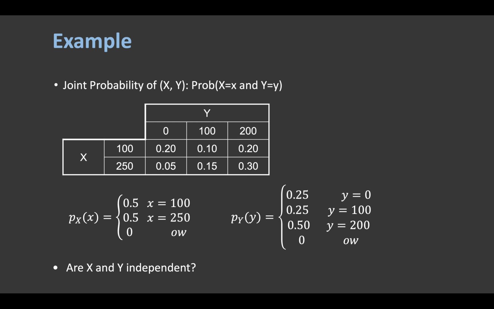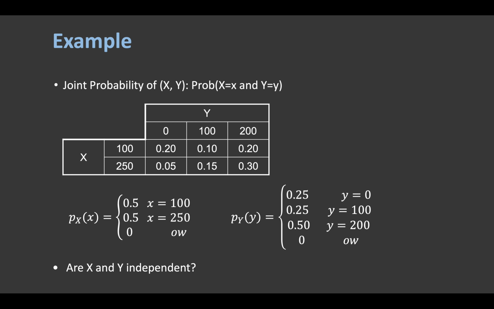So let's look at this example. Actually, we're going to use the example we used before, with the car, auto insurance, and home insurance, right? Now we need to find out if X and Y are independent or not.